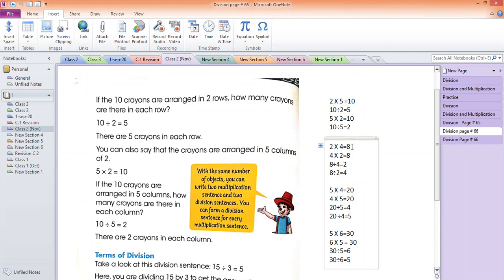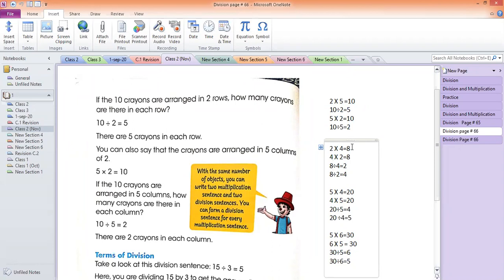That will be the same, eight. And if you have a total of eight chocolates and in one pack you have four, how many packs do you have? You have two packs. If you have a total of eight chocolates and you have two packs, how many chocolates are in one pack? That is four. So you can make two multiplication sentences and two division sentences from the same number of objects, right?